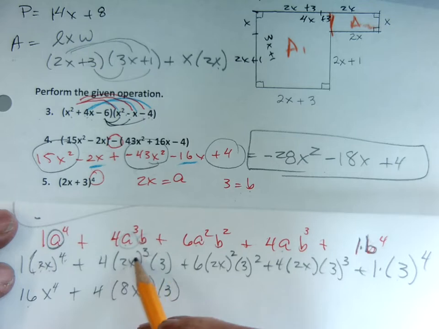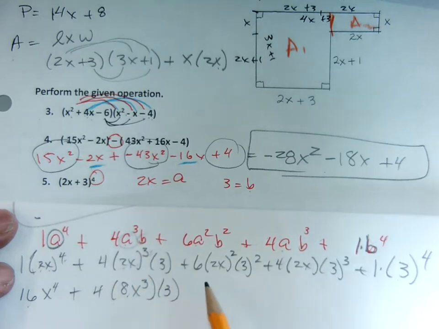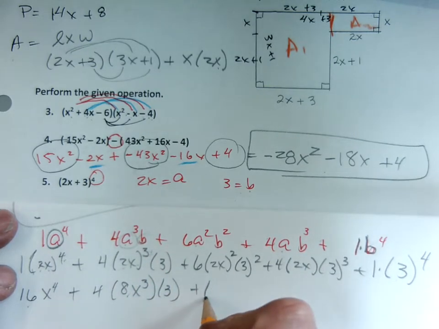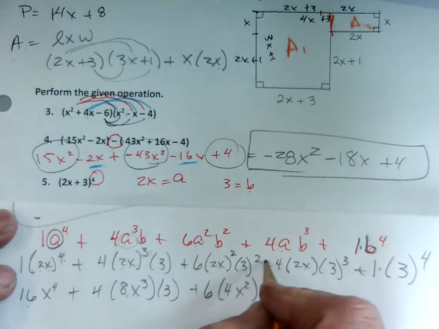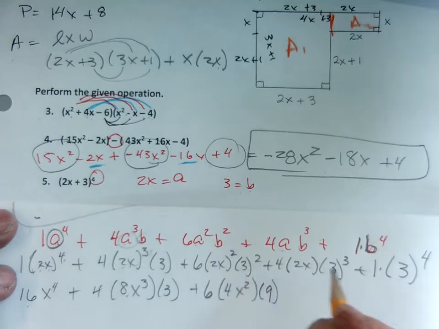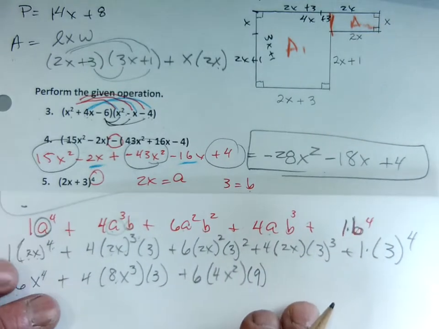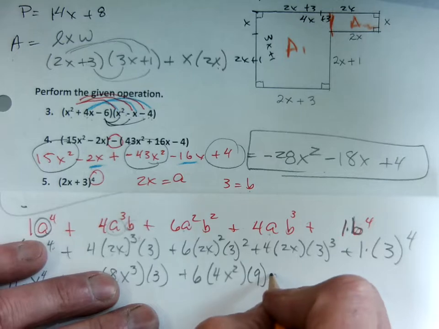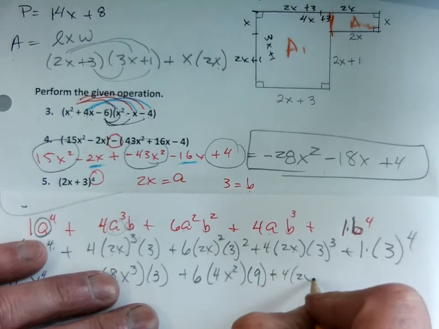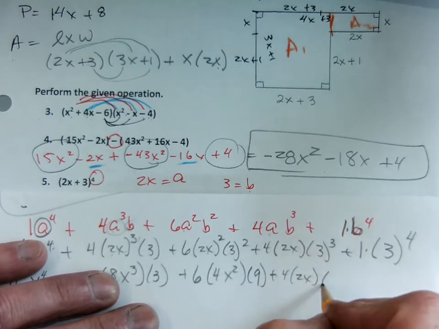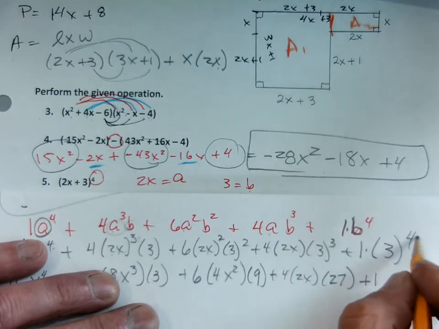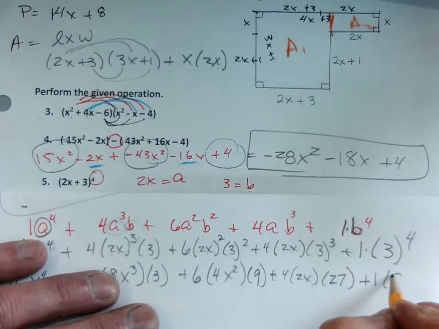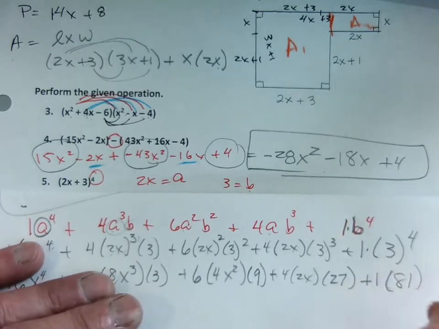Plus 6 times 4x squared, because 2 squared is 4, and then times 9, because 3 squared is 9. Plus 4 times a 2x times a 3 cubed, which is 27, plus 1 times 3 times 3 times 3 is 81 times 3. So 3 to the fourth power is 81.